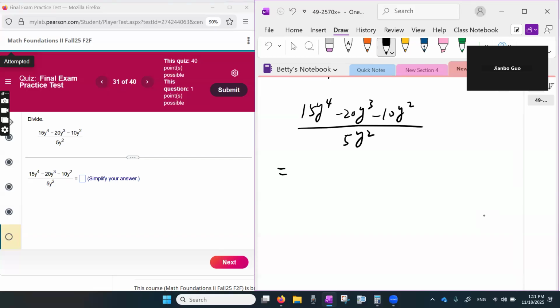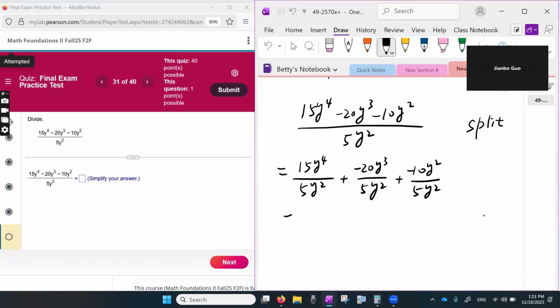Split this one quotient into 3 quotients. We're going to use term 1 on the top over the bottom, plus term 2 on the top over the bottom, plus term 3 on the top over the bottom.